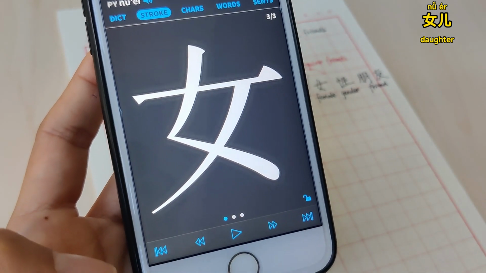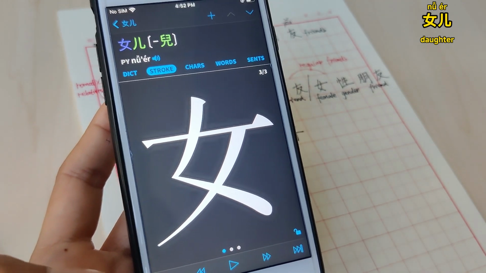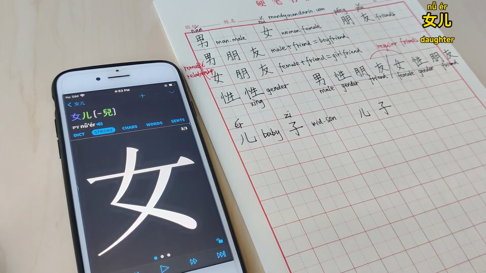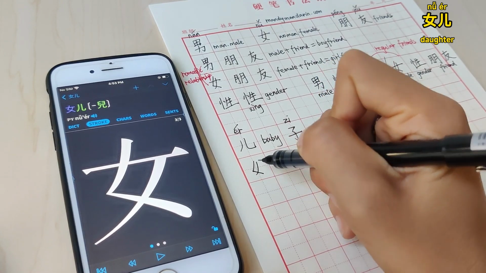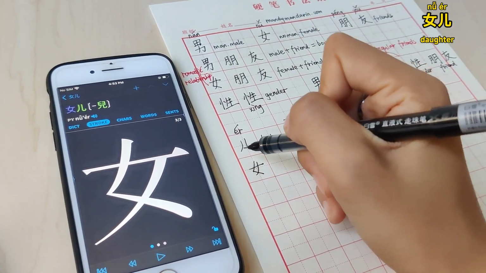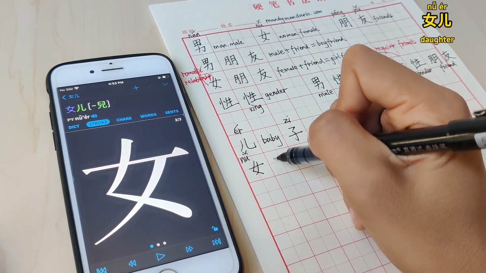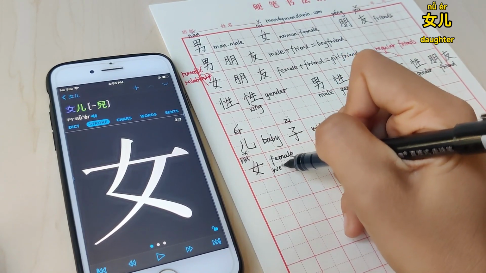The 女, this is our old friend already. We've talked about it many times. And here is a picture of the character 女. It's evolved from a picture of a woman sitting. And now let's write the 女. 1, 2, 3. 女 means female and woman.